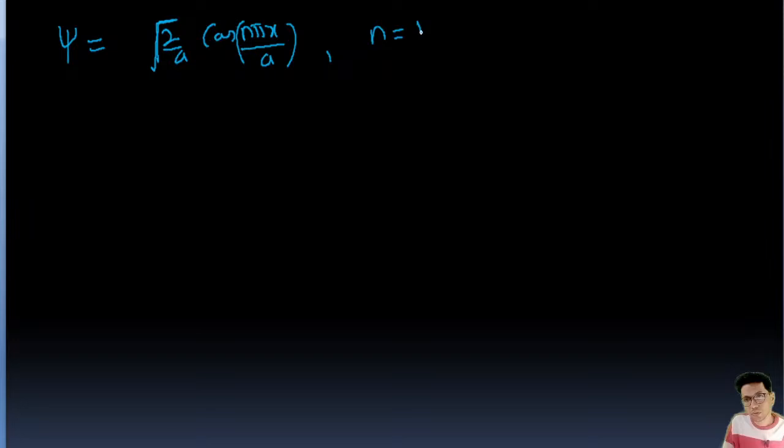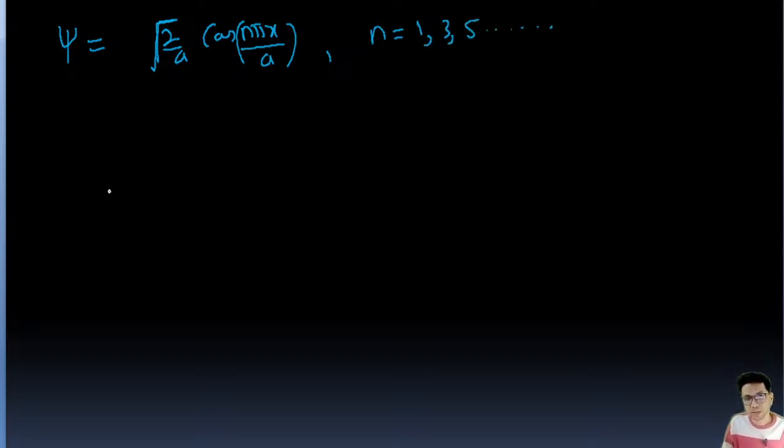The wave function for the symmetric potential is psi equal to root 2 upon a cos(n pi x upon a). Here n equals 1, 3, 5, odd numbers.